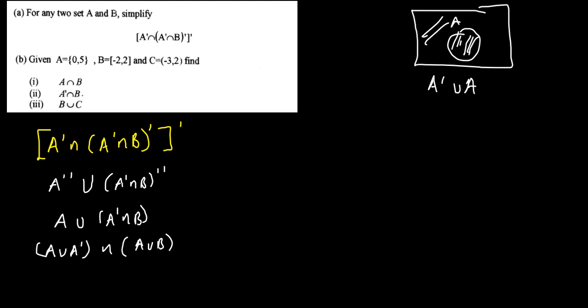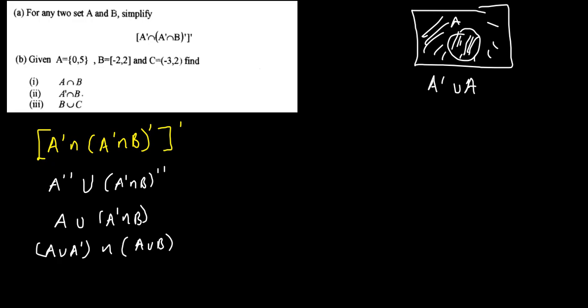So this is one thing you need to know. A complement union A is the universal set. But when you look at A and A complement, there's nothing common between them. You can't find an element inside the set and outside the set. So A complement intersection A is an empty set. But A complement union A is just going to be the universal set.